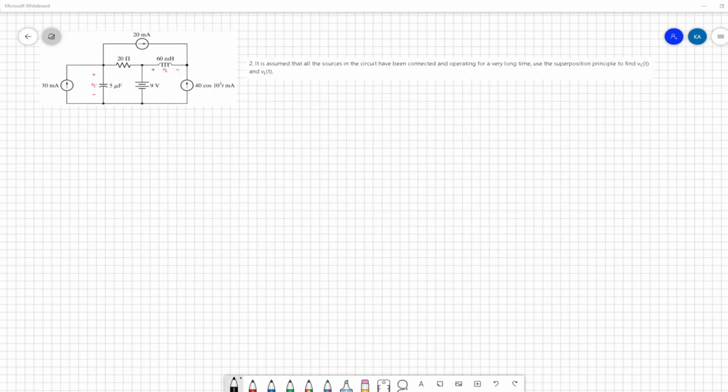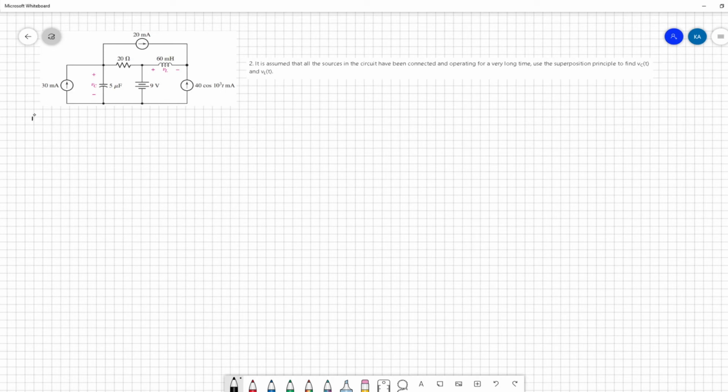Now for assignment number 2, it is assumed that all the sources in this circuit shown have been connected and operating for a very long time. Use the superposition principle to find Vc of t and Vl of t. So first, let's consider the 20 milliampere current source acting alone.